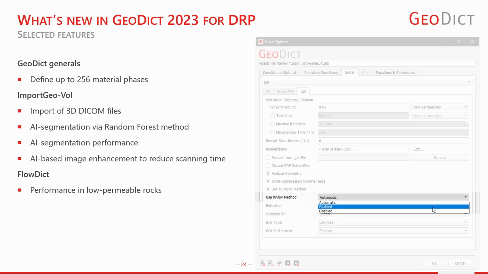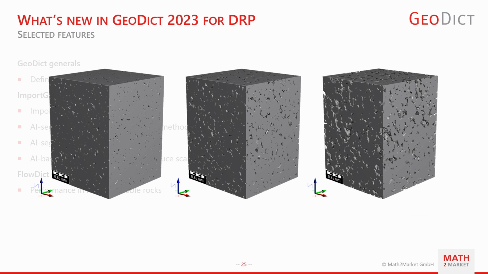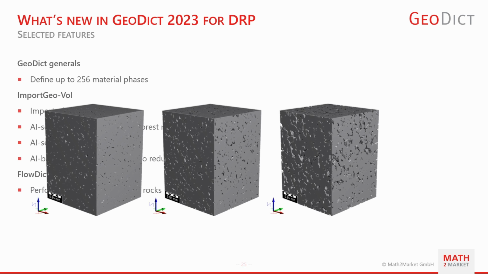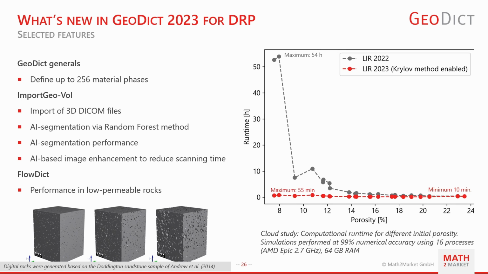With the Krylov method, we have significantly improved the LIR solver performance of flow computations in low permeable rocks. Okay, let's have a closer look. We generated sandstones with similar grain size distributions at different porosity values to test our flow solver performance with and without the Krylov method.